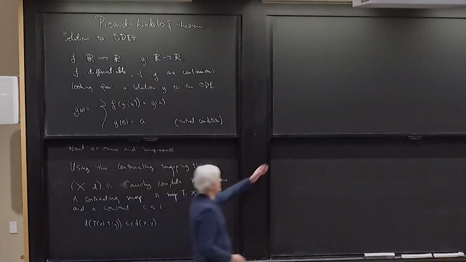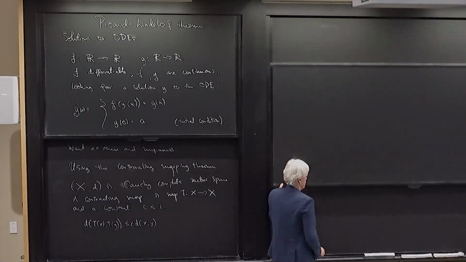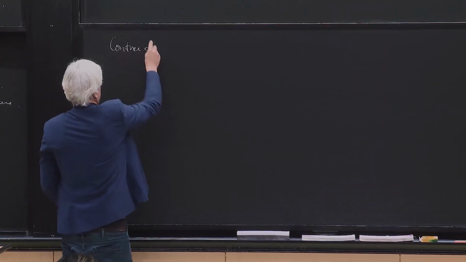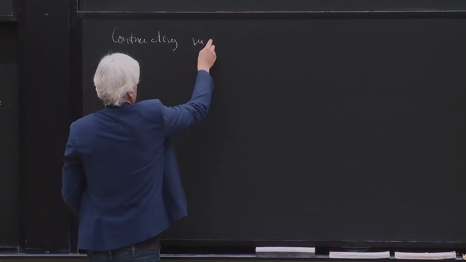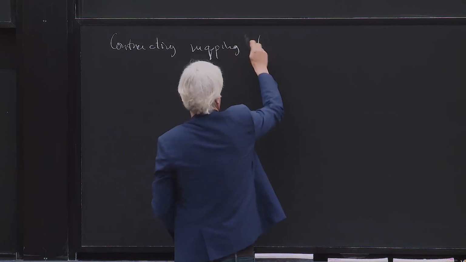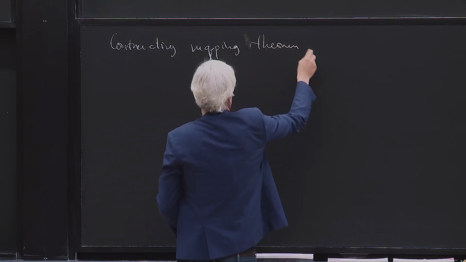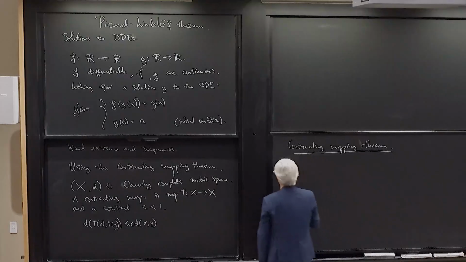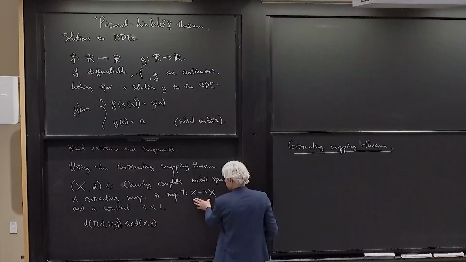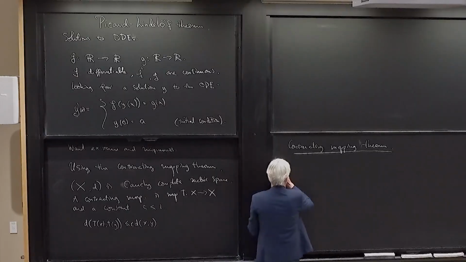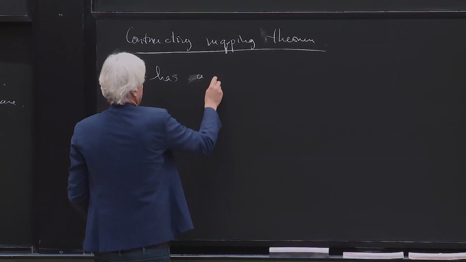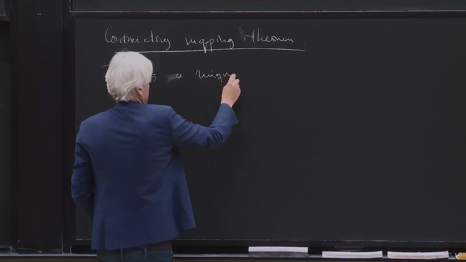And the contracting mapping theorem says that if you have a Cauchy-complete metric space and you have a contracting map like this, then T has a unique fixed point.